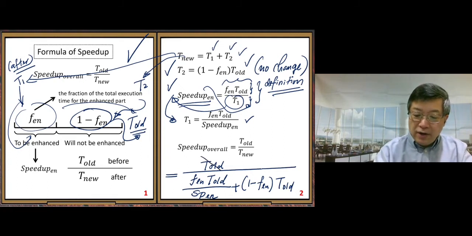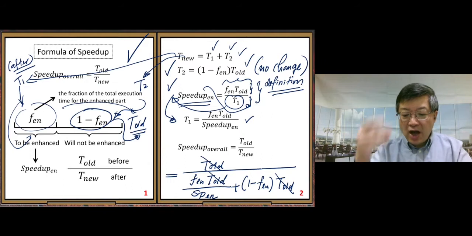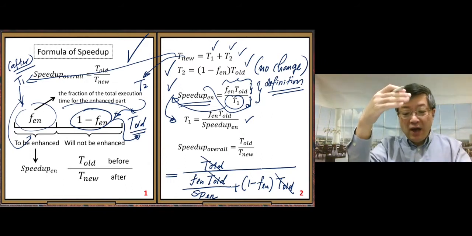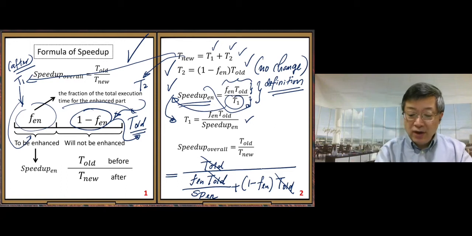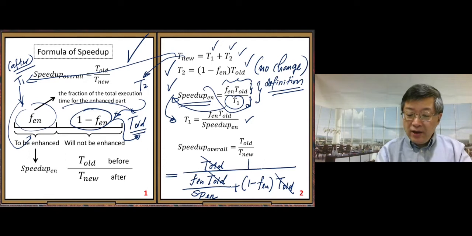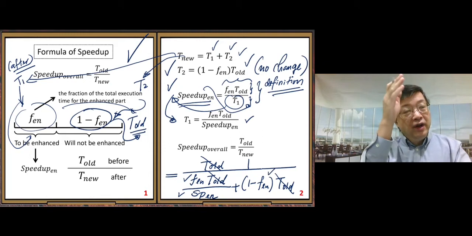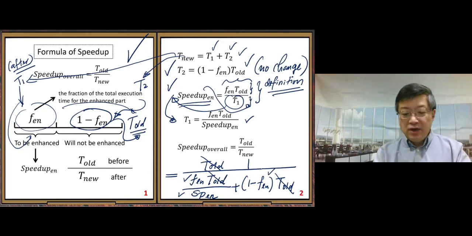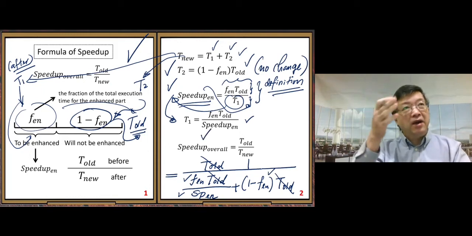Now, T old can be canceled out because it is the common factor of the denominator and the numerator. After cancellation, 1 is left in the numerator. Then in the denominator, Fen given, SPEN given, 1 minus Fen known. So you can see all the numbers are known in this formula, so this can be calculated.